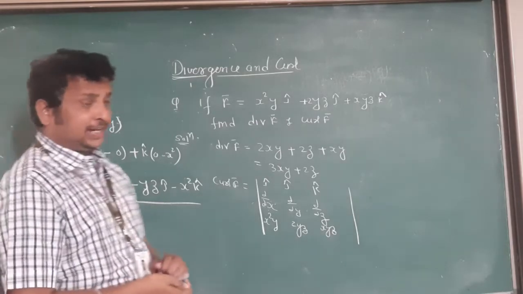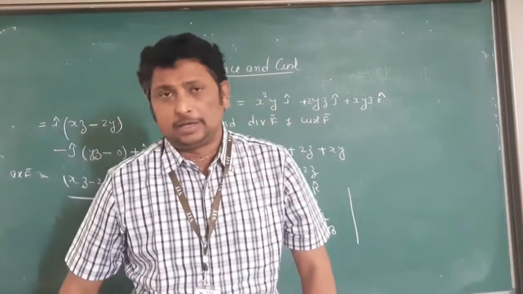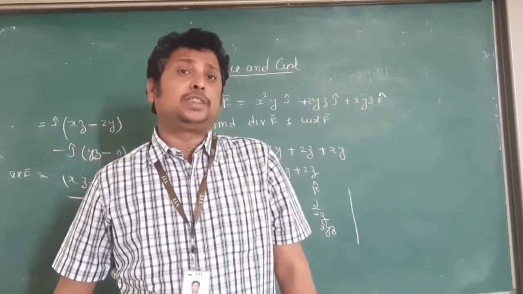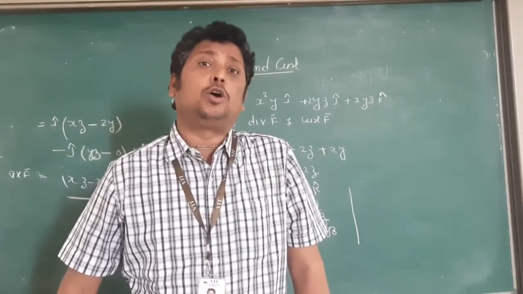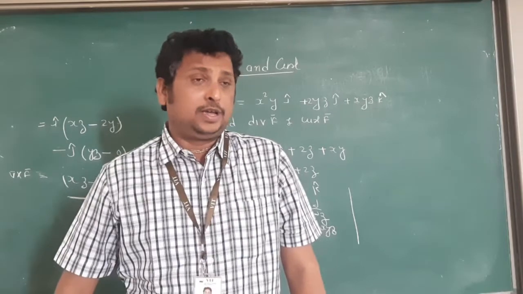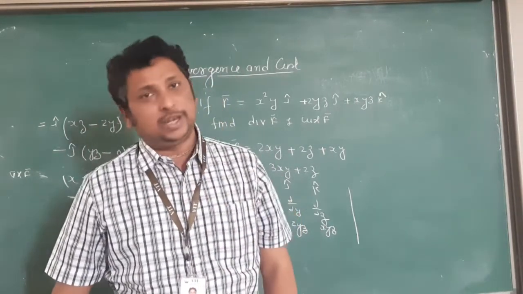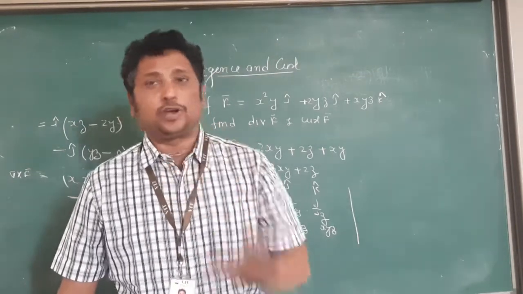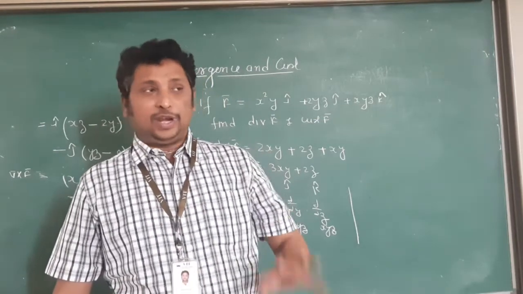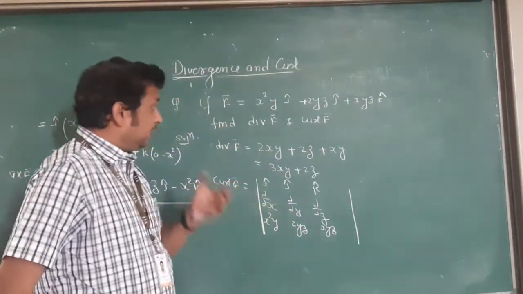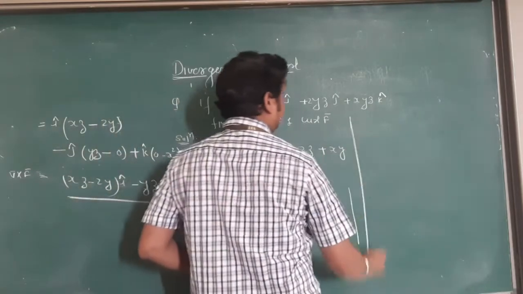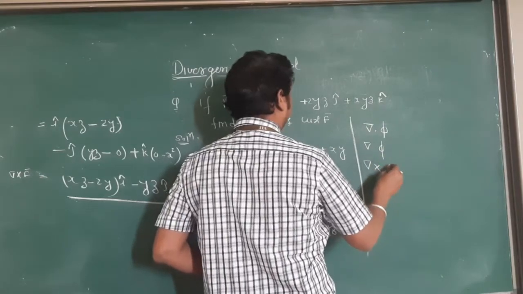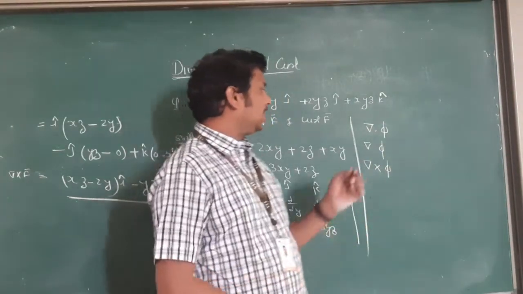So friends, in this way we can calculate divergence and curl. The first point, which is very important: divergence and curl we can calculate only for a vector point function. Means the function given is in vector form, then only we go for divergence and curl. And gradient we calculate only for a scalar function. So please keep in mind, when it is given in notation form, like del dot phi, del phi and del cross phi, always think about what is given.